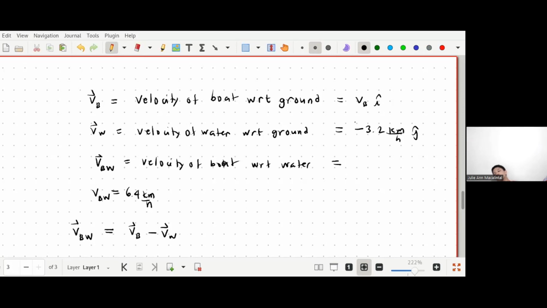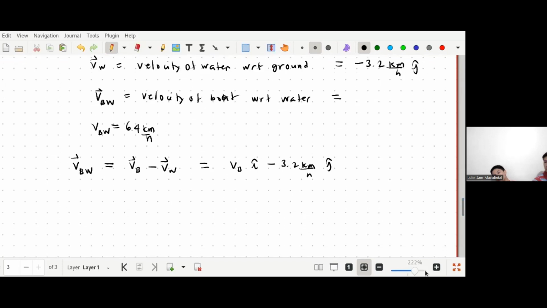So the velocity of the boat with respect to the water is V sub B I hat minus 3.2 kilometers per hour J hat.